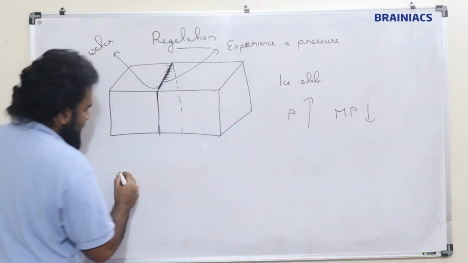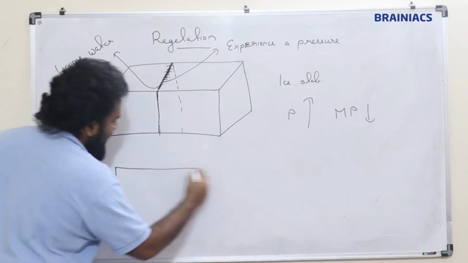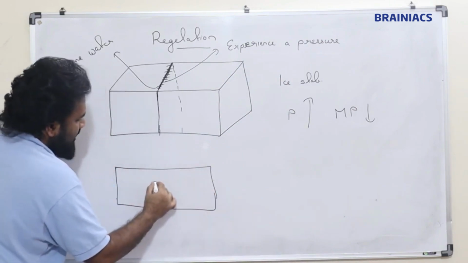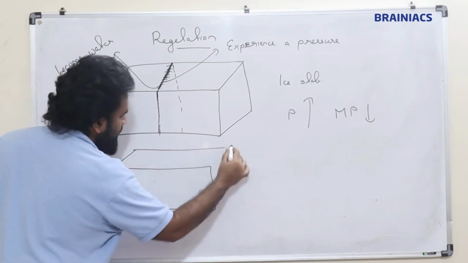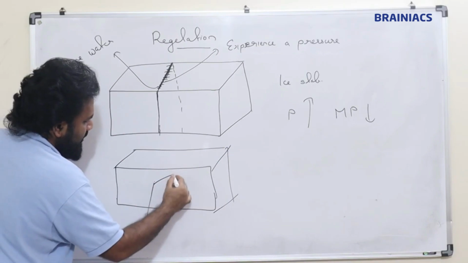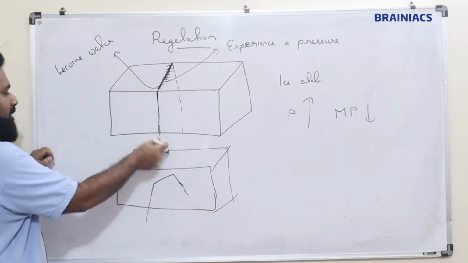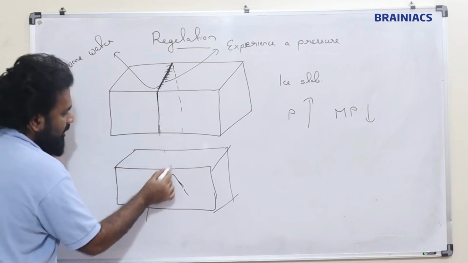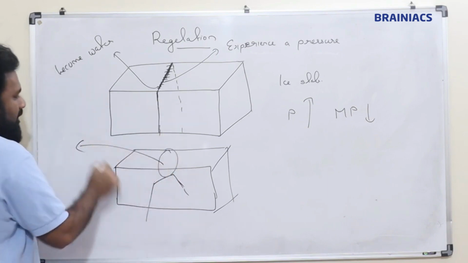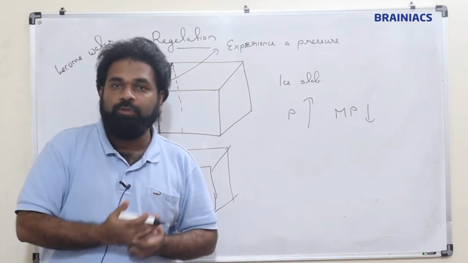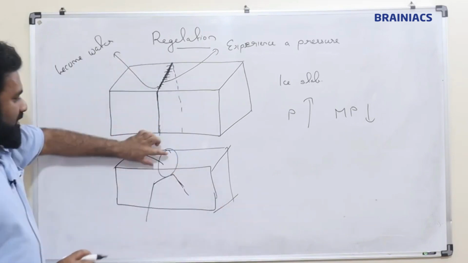When the string comes down, it passes through the liquid, and now the force due to the string is not there on the upper part.